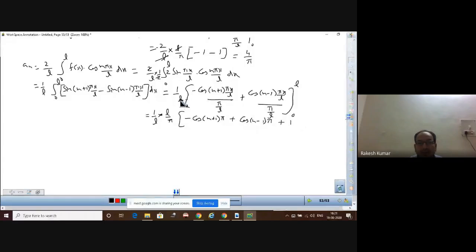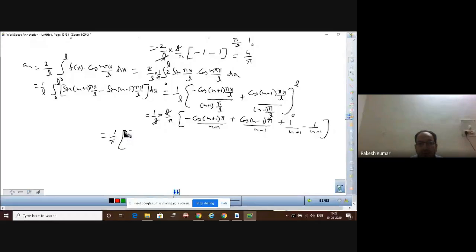There should be n plus 1 here and n minus 1 there, because the coefficient is n plus 1 and n minus 1. These values are for lower limit 0. When you substitute 0 here, cos of 0 will give you 1. So this L is cancelled, and you will get 1 over pi.